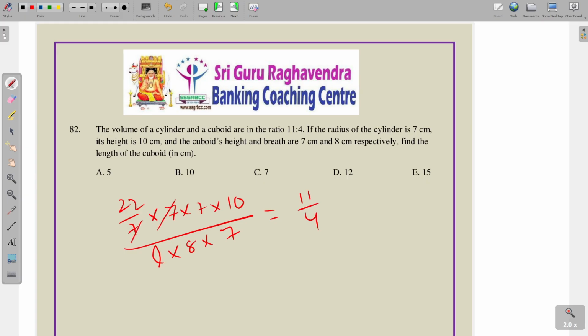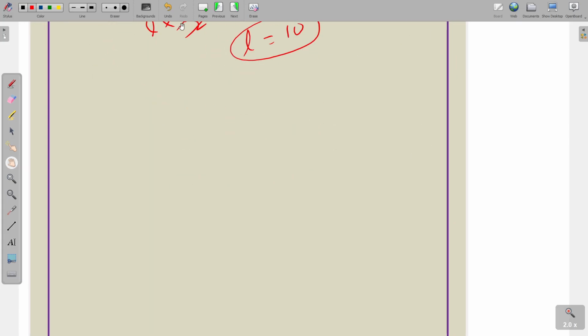So 7 7 cancel, 7 7 cancel, 4 2 times, 2 11 times, 11 11 cancel, means length equal to 10 in centimeters.